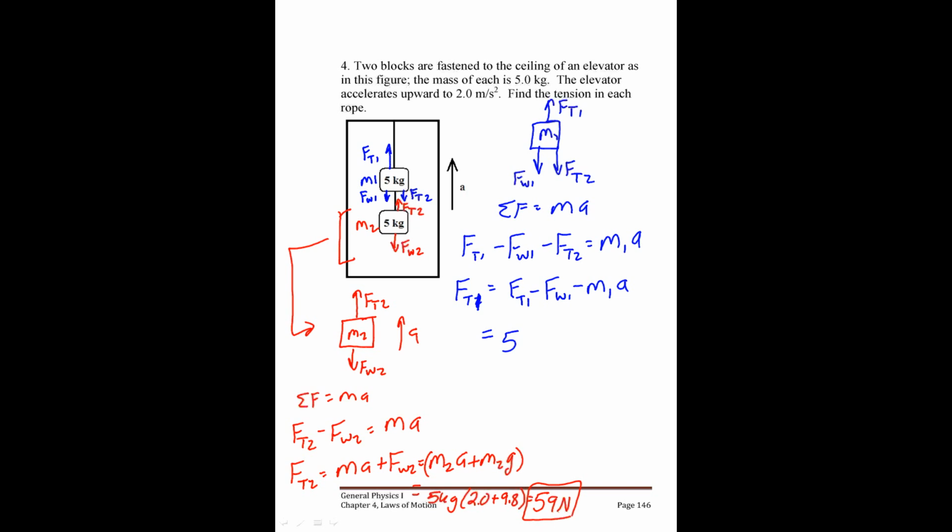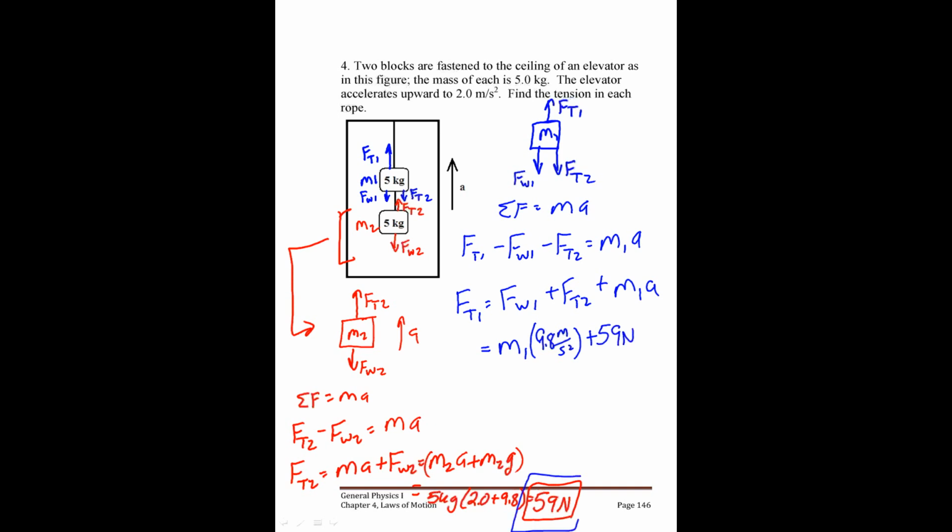Sorry, I made a mistake there. Let me go back. You can probably just change some signs here. But I'm looking for FT1, which is equal to FW1 plus FT2 plus M1A. All right, so that's M1 times 9.8 plus 59 newtons.